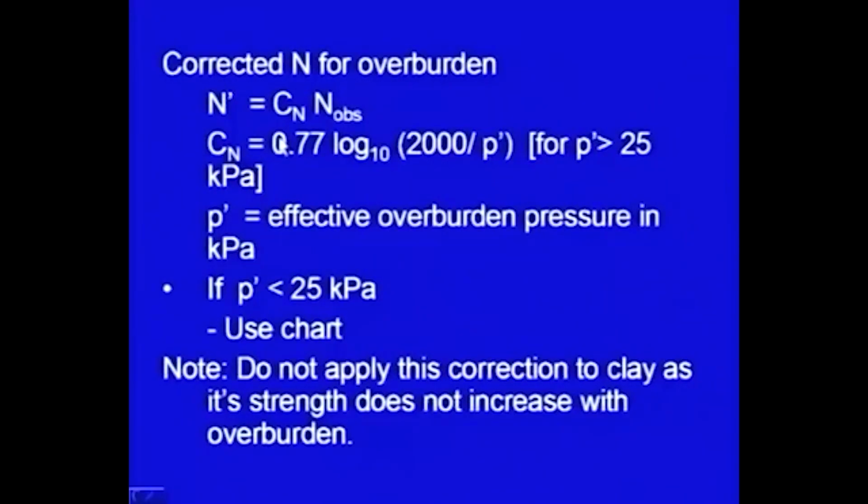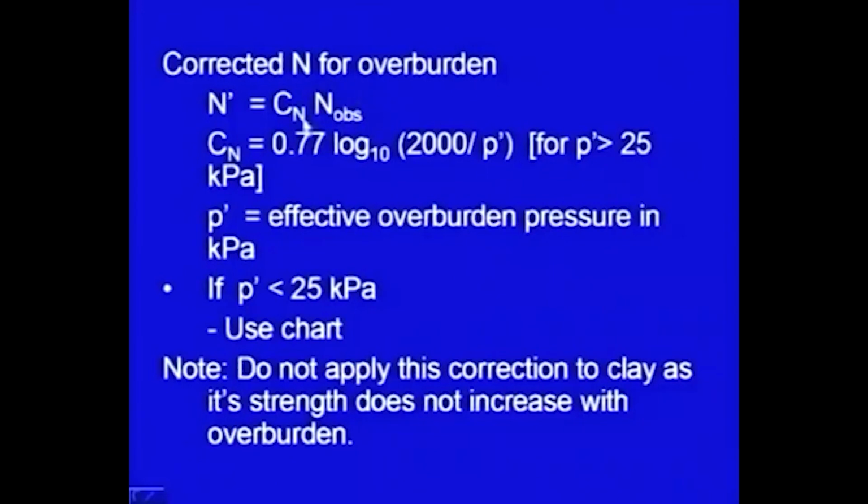Here are the methods based on experience. This is one of the methods by which the values of n can be corrected. So, correction for overburden: n dash is equal to C n, this is a coefficient, into n observed.